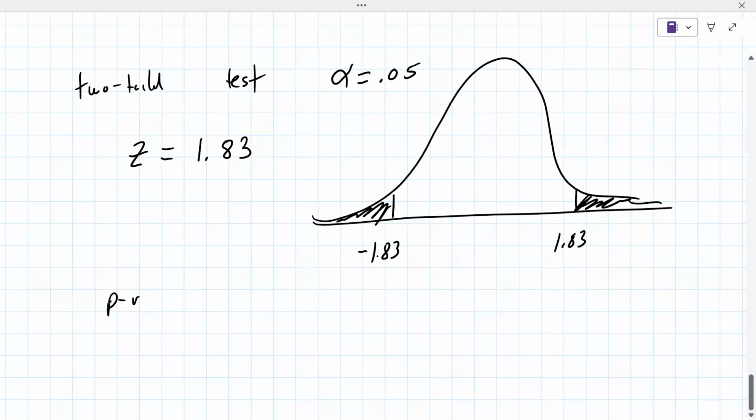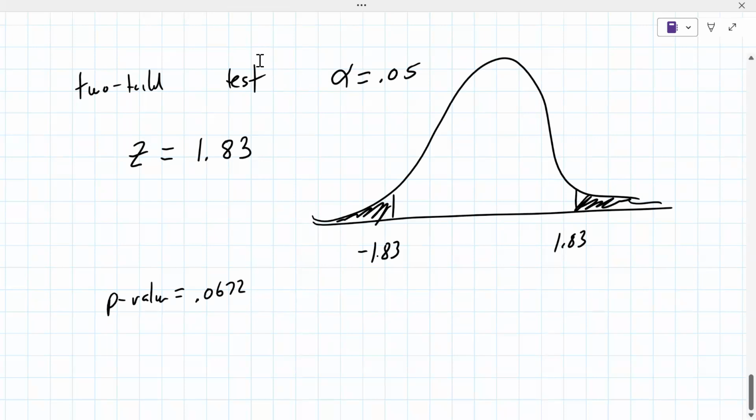I don't know if this is correct or not, but for both sides it'd be 0.0672 after you double it. Yeah, that's correct. Now compare that to your alpha value. Do you reject or do you fail to reject?